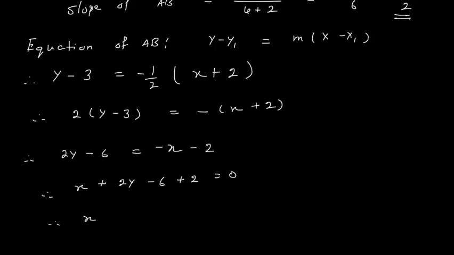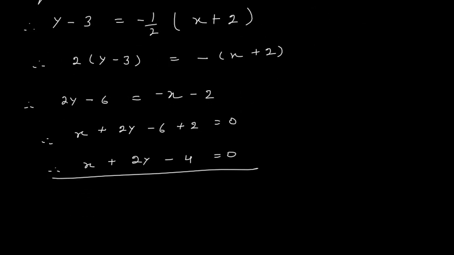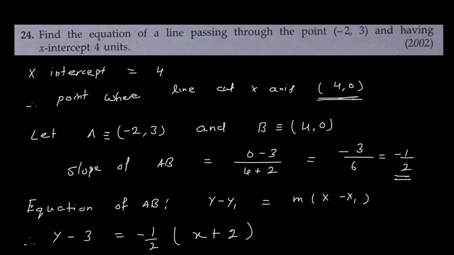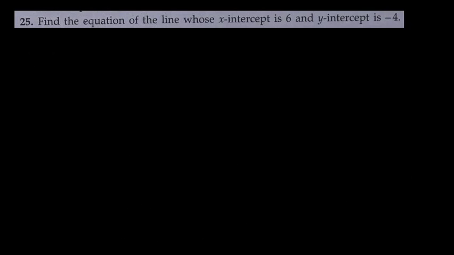So therefore x plus 2y minus 4 equal to 0. Okay, this is the required equation of line AB. So this is equation of AB. Okay, this is 24th question. Now question number 25 is find the equation of line whose x-intercept is 6 and y-intercept is minus 4.